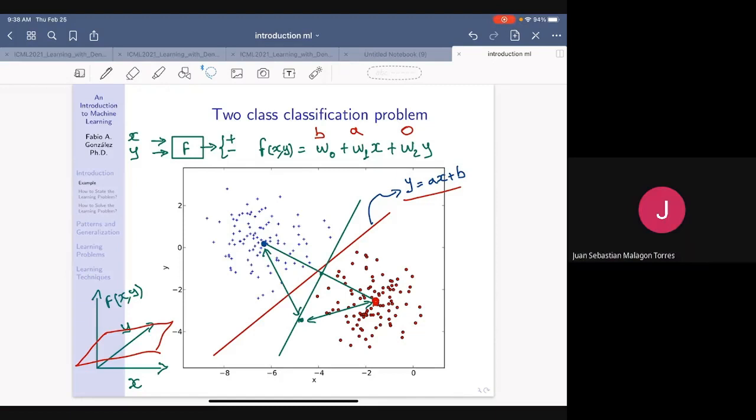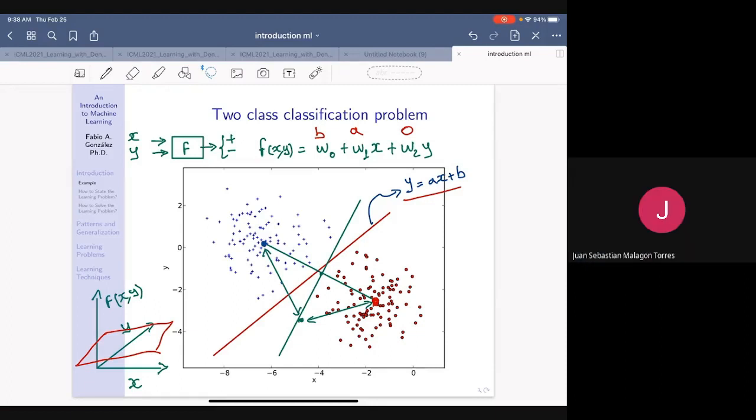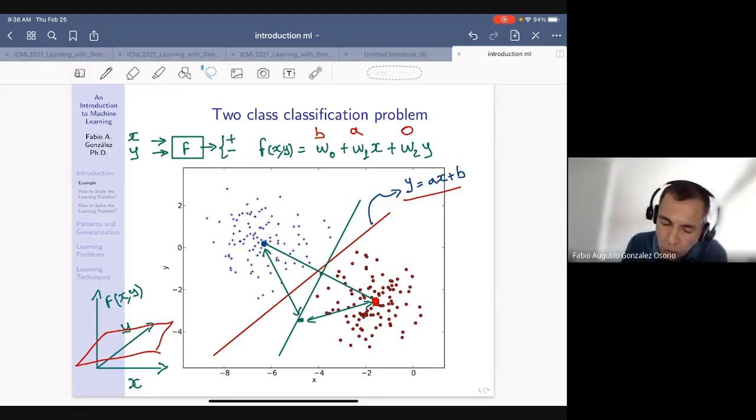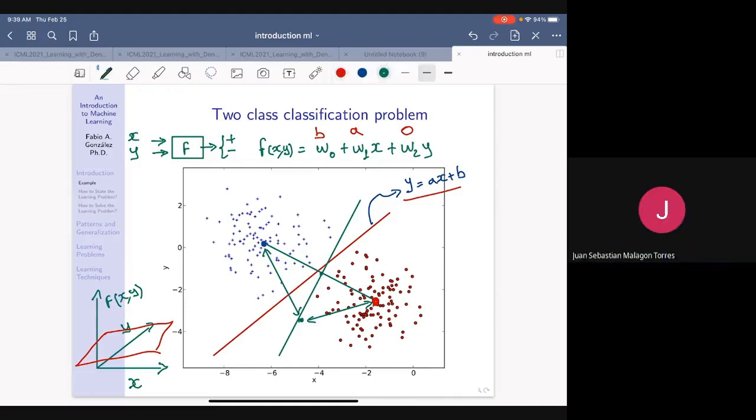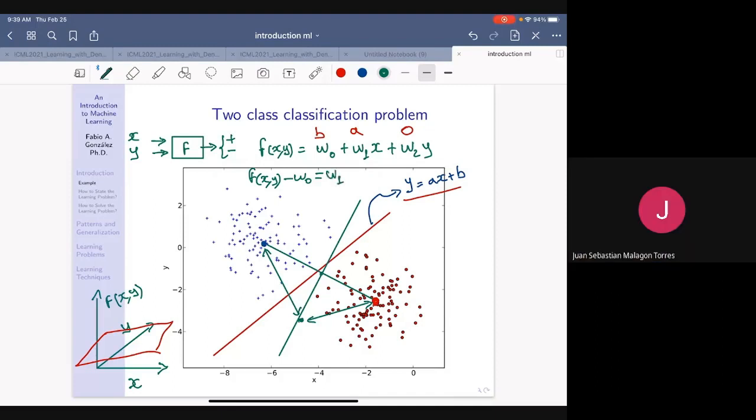How do you simplify? If I move the W0 here, so it's y minus W0. Is that what you mean? My question for you is what happened to f? F is equal to 0, no?